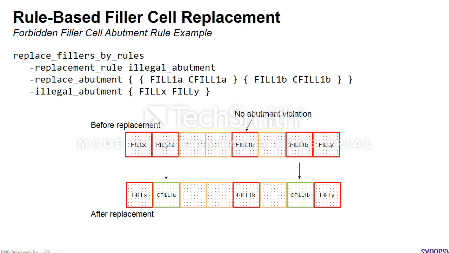So for this example, you specify your feeder 1A will change to C feeder 1A. And this is another example. It did not abut with another feeder, so there is no violation here. And this is another one. Your requested abutment list will change feeder 1B to C feeder 1B. So this is the result after the request.